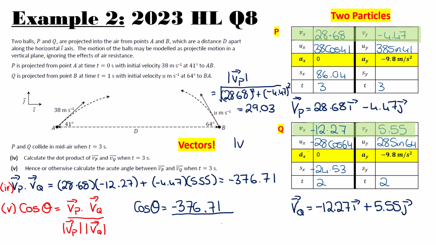Doing the same thing for Q, it works out as 13.47. So we get 29.03 times 13.47, and then we work backwards to get our angle theta using cos inverse.